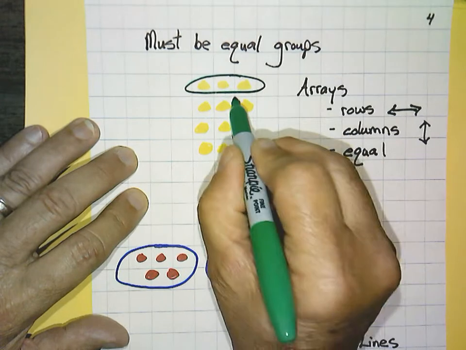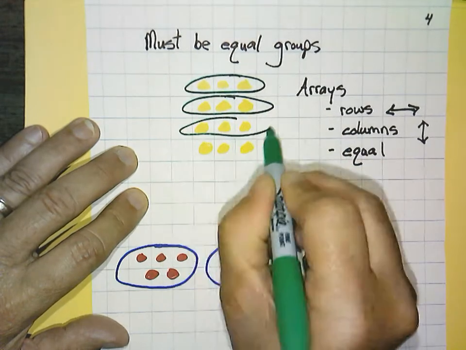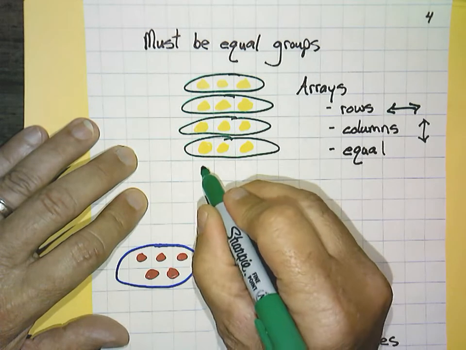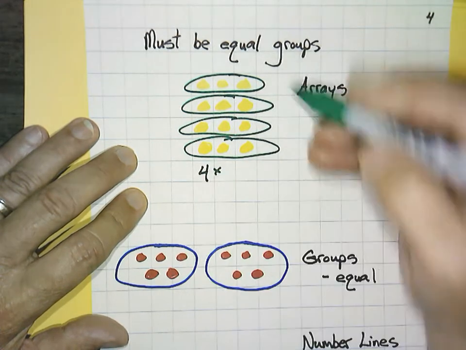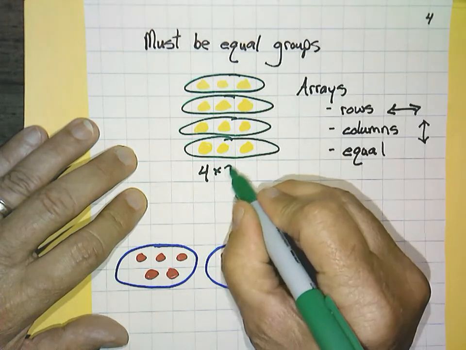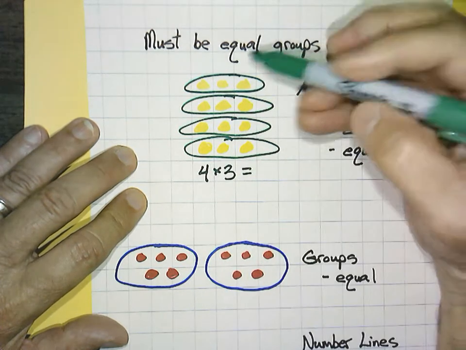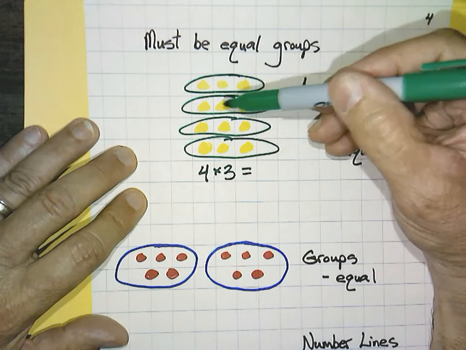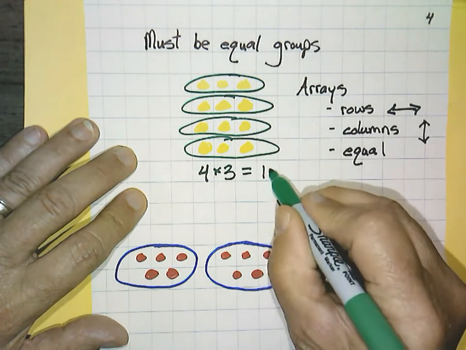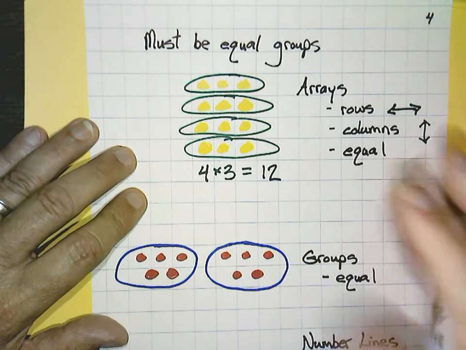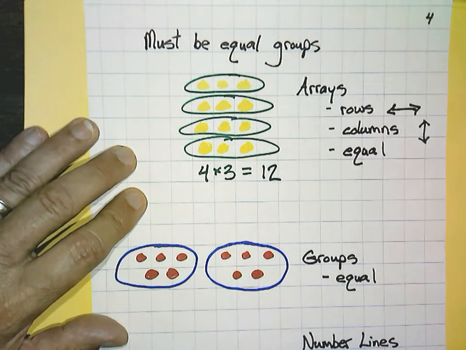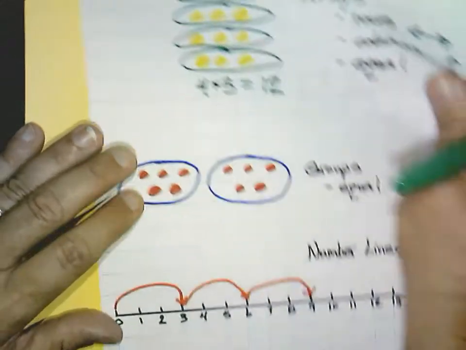I'm seeing 1, 2, 3, 4. And I'm seeing 1, 2, 3 in each of these groups. So in other words, 4 times 3. And if you count these, 1, 2, 3, 4, 5, 6, 7, 8, 9, 10, 11, 4 times 3 is equal to 12. You could also group them in another way. For purposes of this video, I'm not going to do that today.